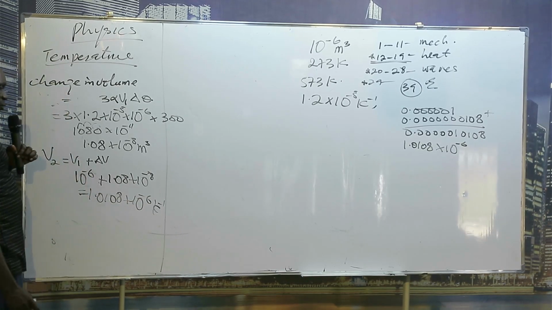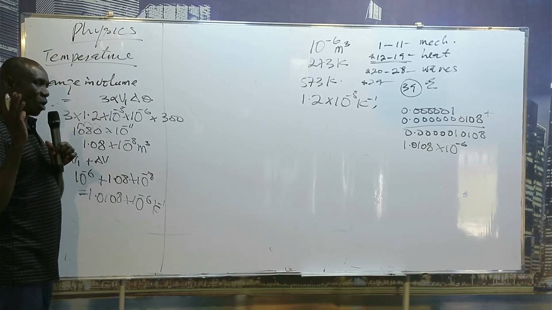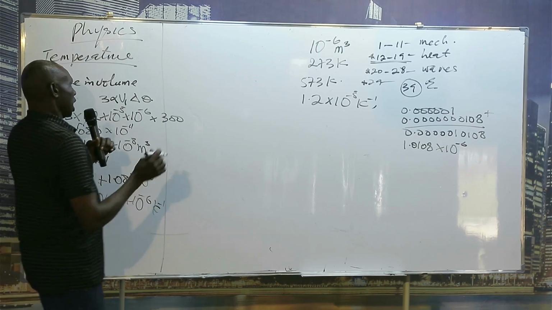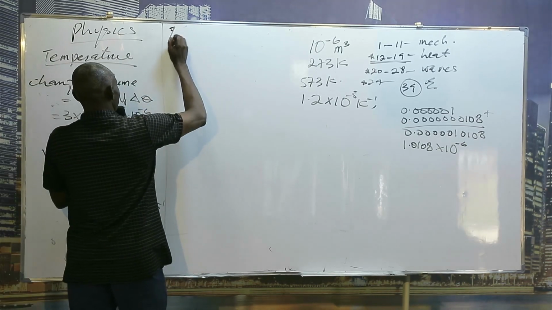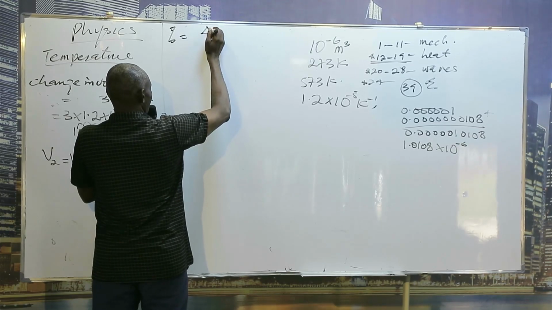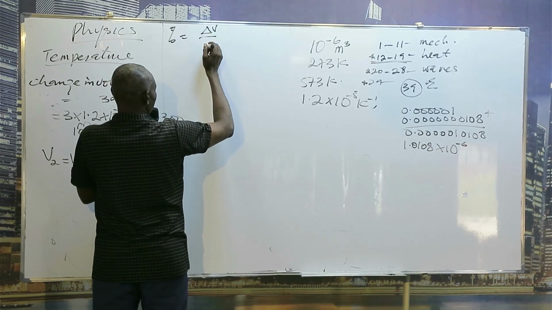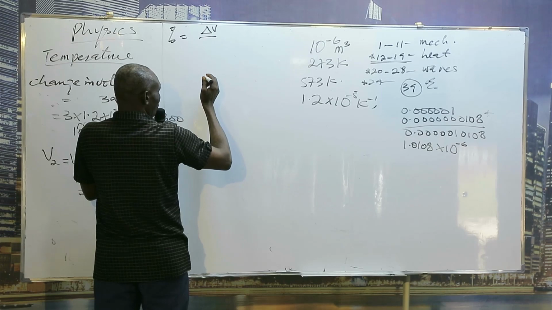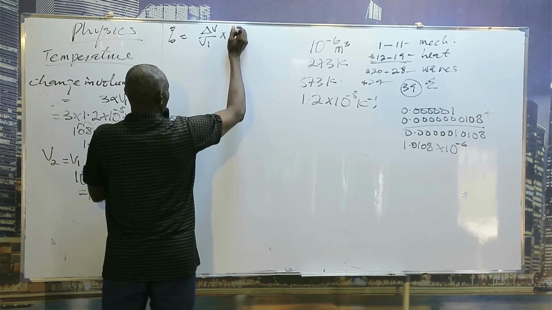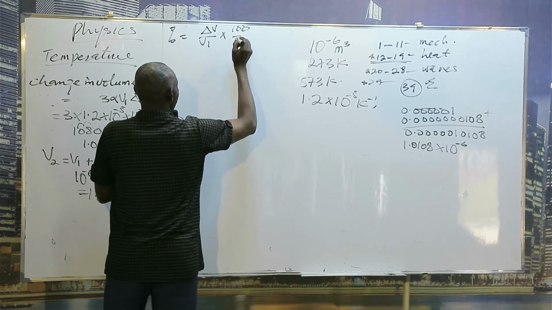But they said percentage. And how do you get percentage? Change in volume over initial volume, times 100 over 1.